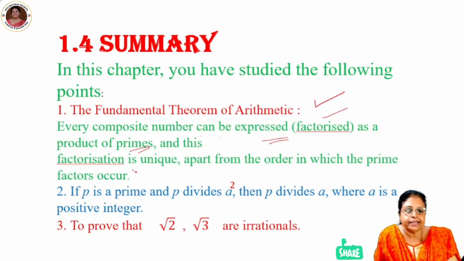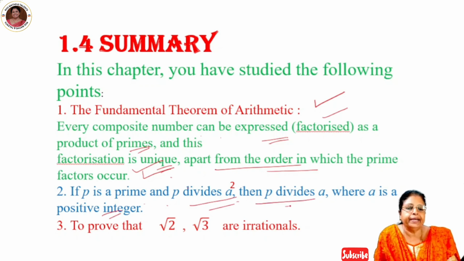And this factorization is unique, apart from the order in which the prime factors occur. That's very important. The next one: if p is prime and p divides a square, where a is a positive integer, then p divides a. This is Theorem 1.2. The next one: we have proved root 2 and root 3 are irrationals.